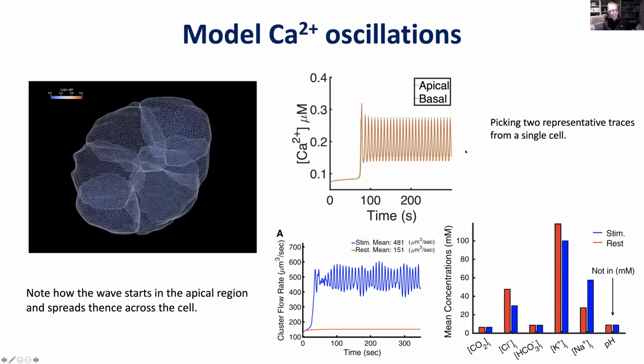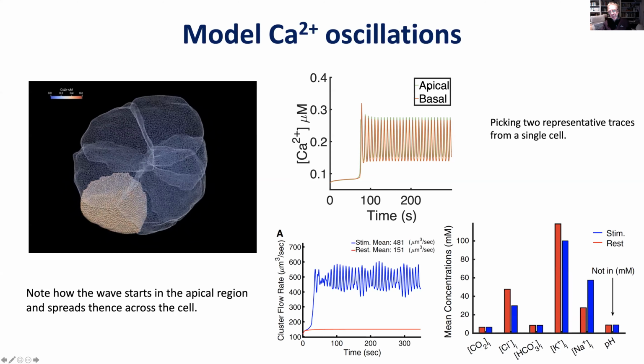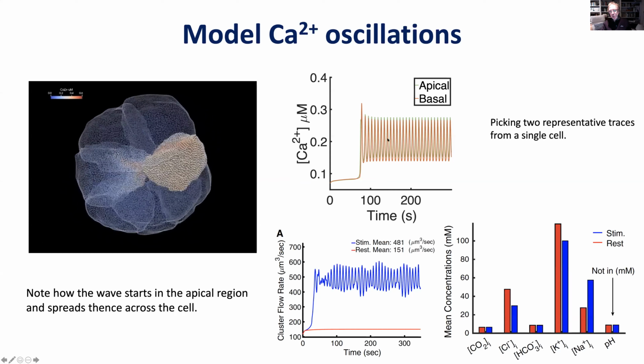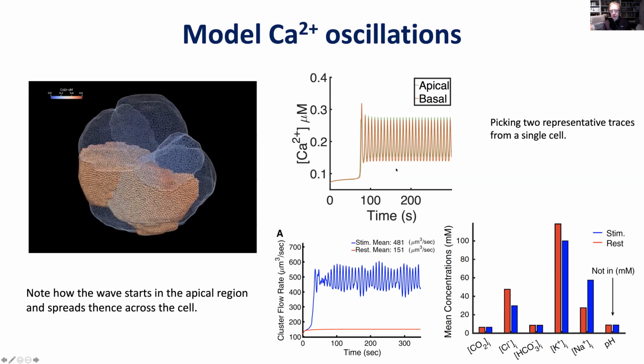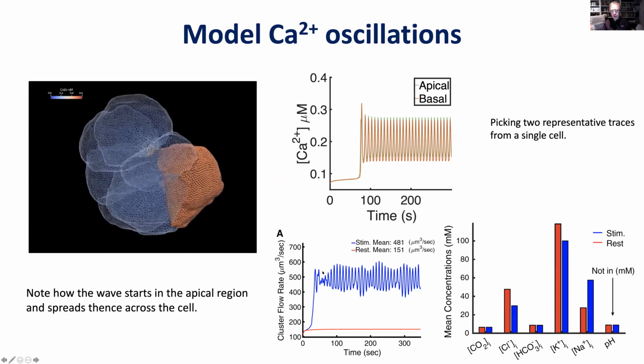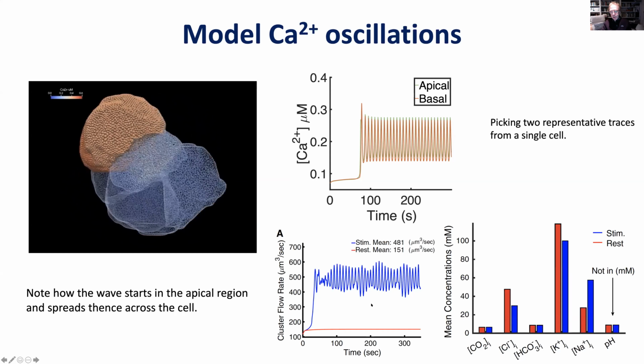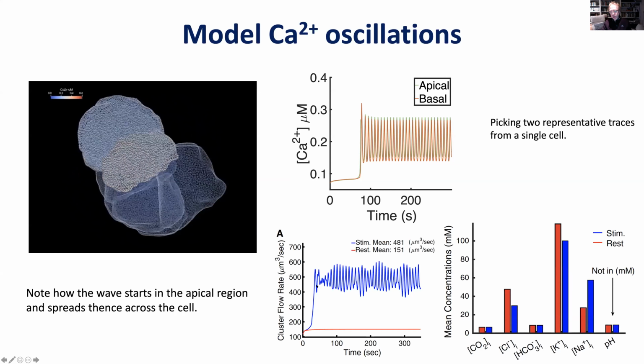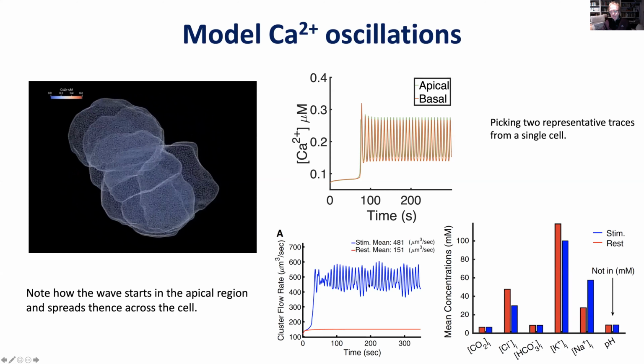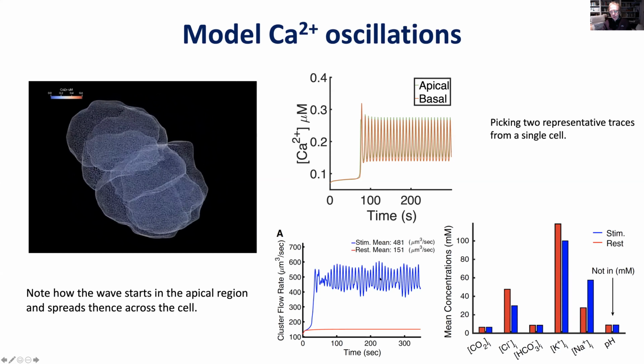Here are typical responses from the calcium oscillations from the apical region, from the basal region, shown here. Here's the rate of fluid flow from the cluster. As you can see, you get this weird sort of MMO here.